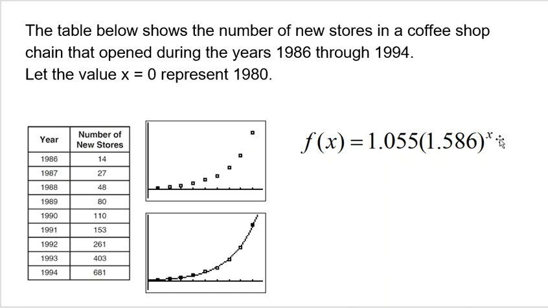And then you're going to get out the predicted number of new stores that year. Or I could ask you to work backwards. I could ask you to solve for X with a given Y. So I could say, all right, when do you think there will be 1,000 new stores? So now you're going to substitute in 1,000 for the Y, which is f of X, and solve for X, which is why we spent that prerequisite unit on solving equations.